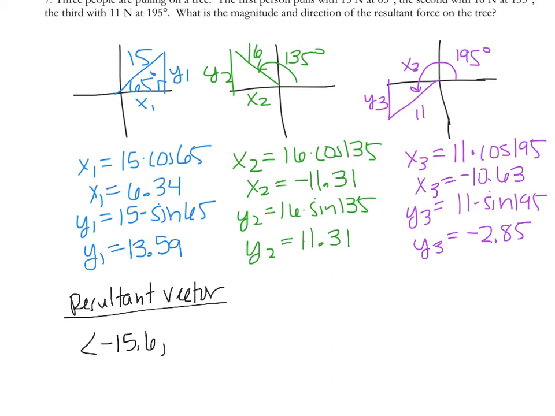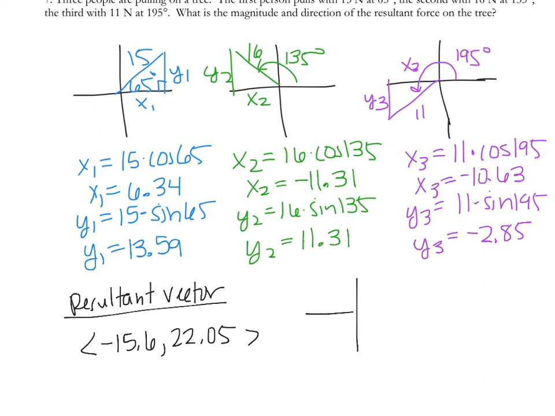And then the y part, hopefully seeing all these numbers, you guys are going to catch exactly where your mistakes are. So just fix wherever the mistake is. This is 22.05.